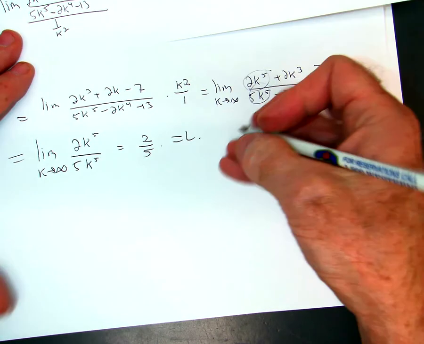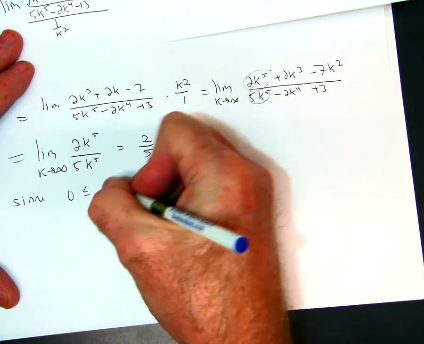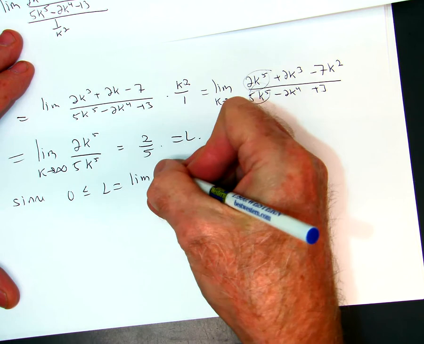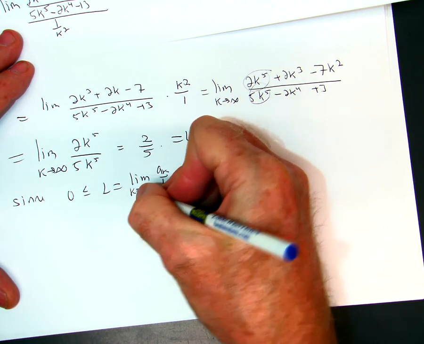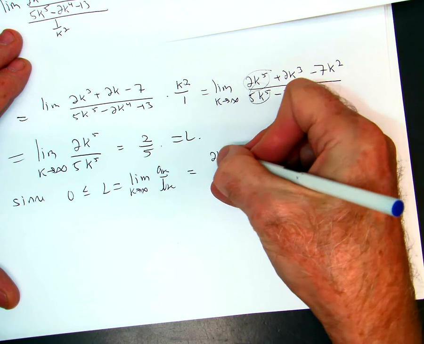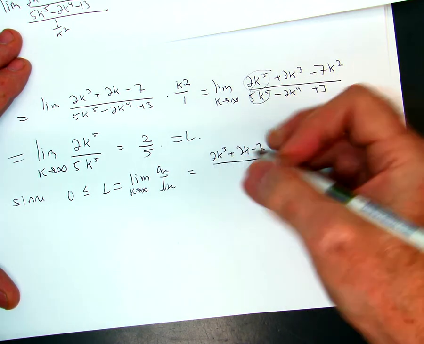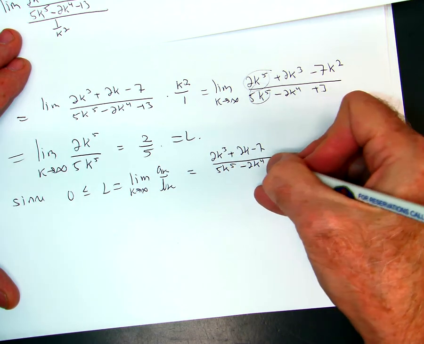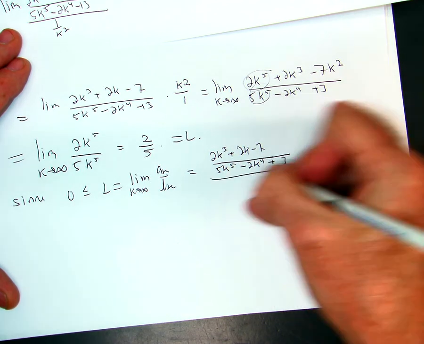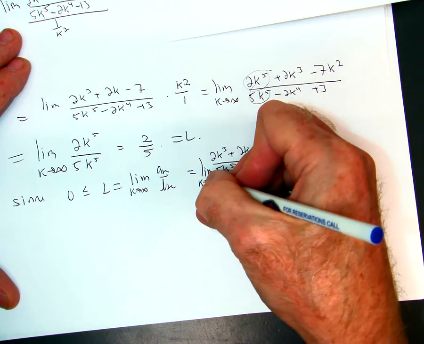So, since 0 is less than L, which equals the limit of AK over BK as K goes to infinity, equal to 2K cubed plus 2K minus 7 over 5K to the 5th minus 2K to the 4th plus 13 all over 1 over K squared. You don't have to write all this.